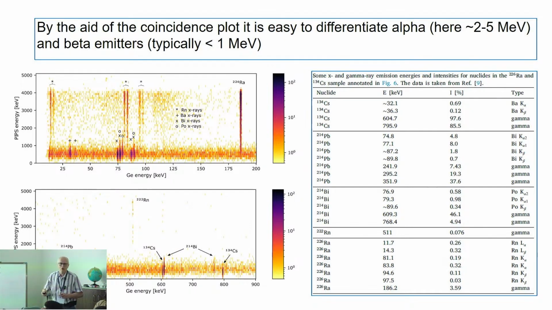So this is very complex way to analyze the spectra. But we will have a lot of information that we cannot obtain by using only gamma spectrometry or only alpha spectrometry. We can combine these two methods.